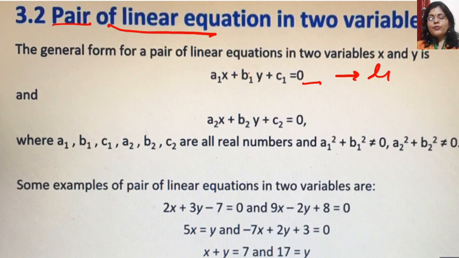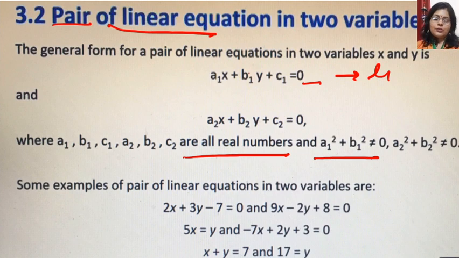So pair of linear equations in two variables is what we are discussing. Here there are certain conditions which have to be observed, where a1, b1, c1, a2, b2, c2 are all real numbers, and a1 square plus b1 square is not equal to 0, and a2 square plus b2 square is not equal to 0.